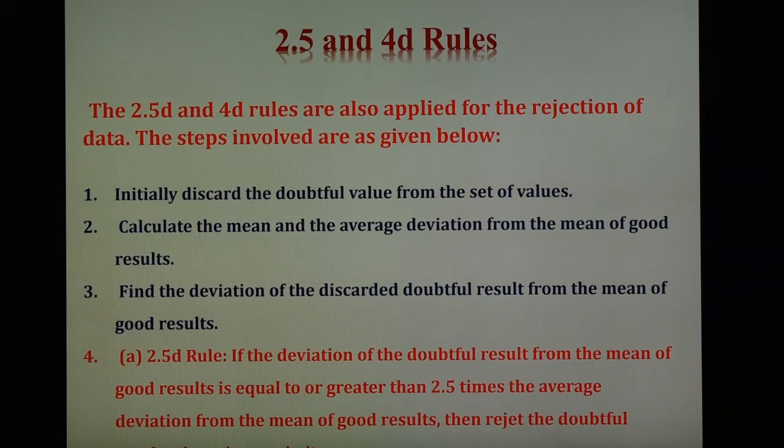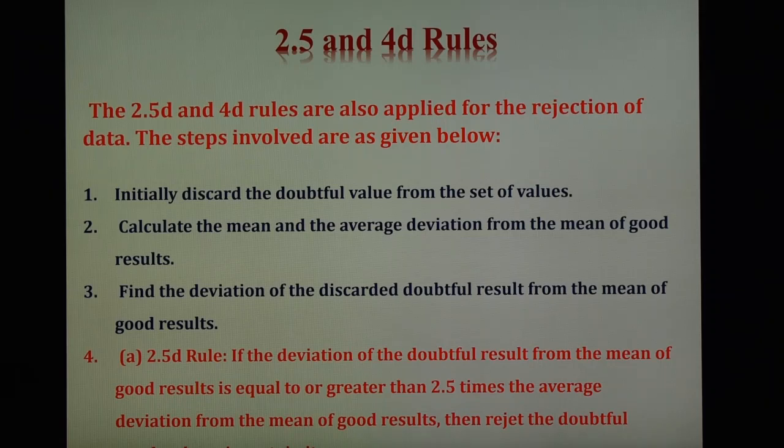And the fourth rule has 2 parts. A part is the 2.5D rule: if the deviation of the doubtful result from the mean of the good results is equal to or greater than 2.5 times the average deviation from the mean of the good results, then reject the doubtful result, otherwise retain it.